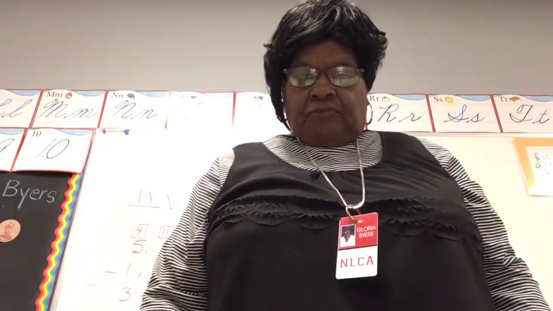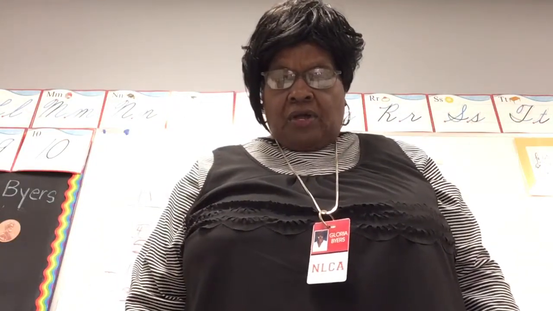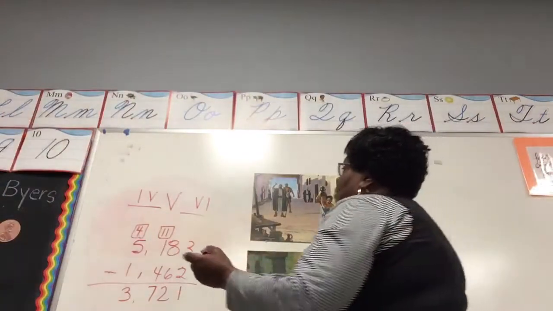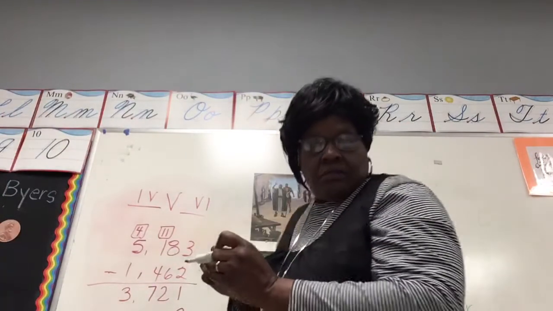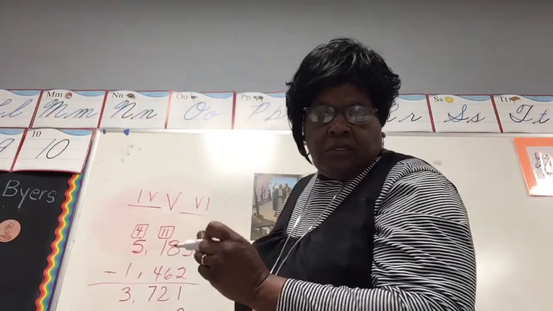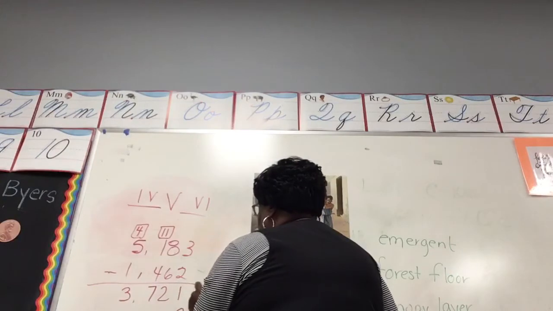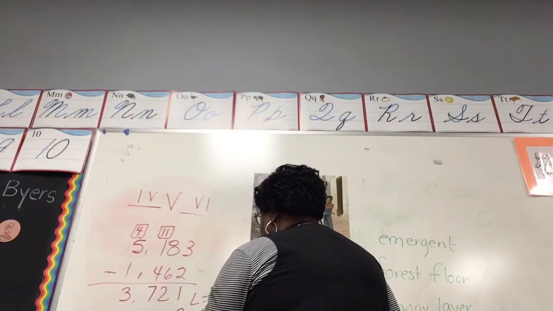And then number 4 says to match the Roman numerals with the numbers. And I'm just going to review that. C is 100, and I really want to start with L. L is 50, and M is 1,000.